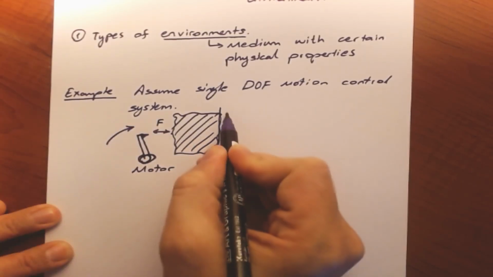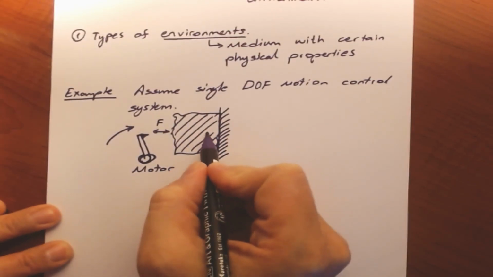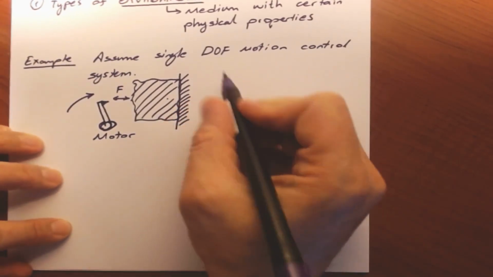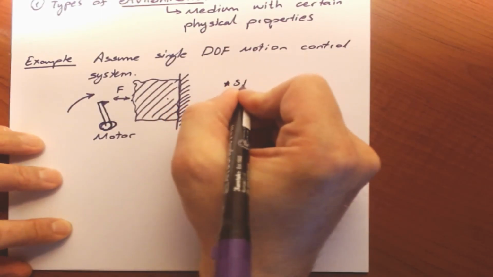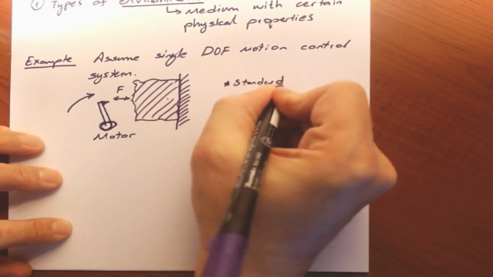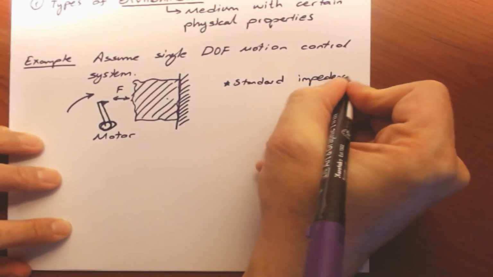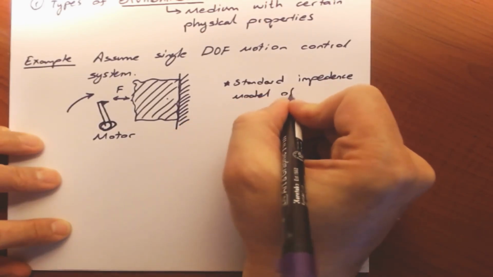Let us have a look at the properties of that environment. Usually there is a standard impedance model for the environment.